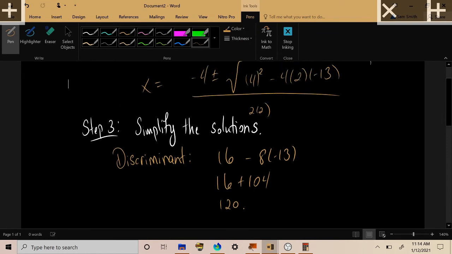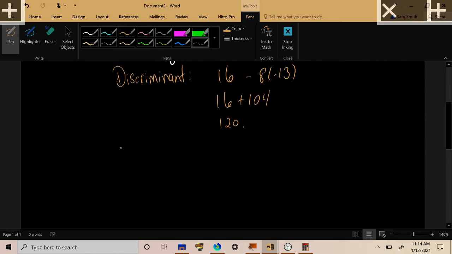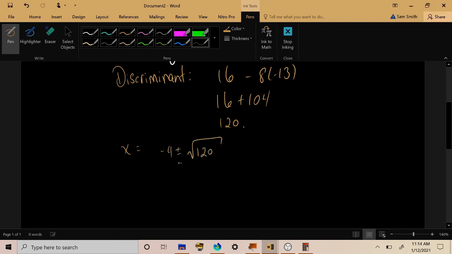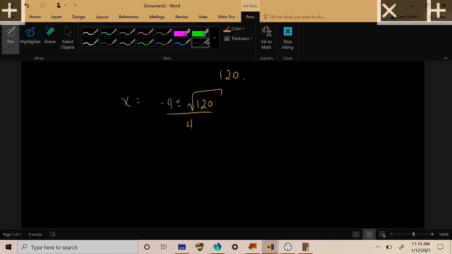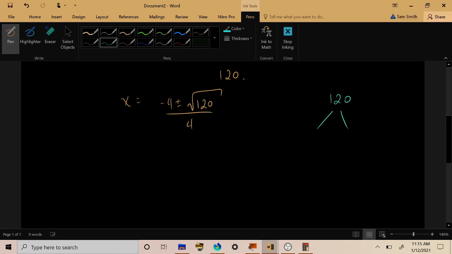Okay. Now, having figured out the number under the square root, we can also have a look at our denominator. 2 times 2 is equal to 4. So x can be equal to negative 4 plus or minus the square root of 120 all over 4. Okay. But there's potentially more work that can be done because we haven't yet simplified the square root of 120. So let's work on that, and let's start by factoring 120 to see if we can find any pairs of common factors.